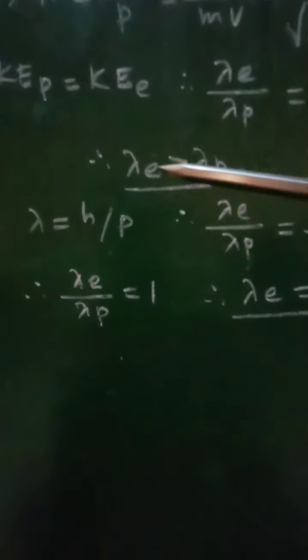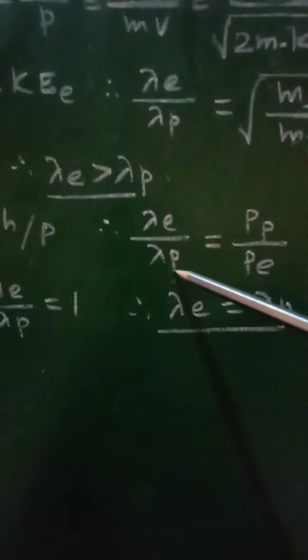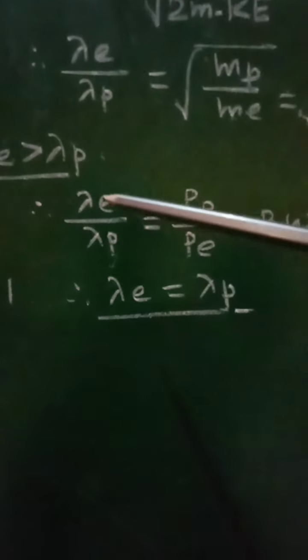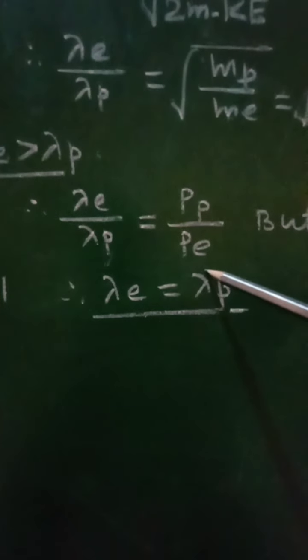And now we will go for third case. For third case, again wavelength lambda is equal to h by p, and therefore h is again constant, therefore lambda will be inversely proportional to p. Therefore, we can write lambda e upon lambda p will be equal to p_p upon p_e.